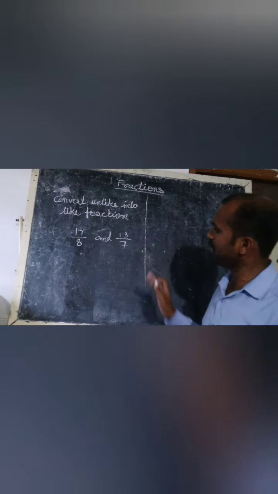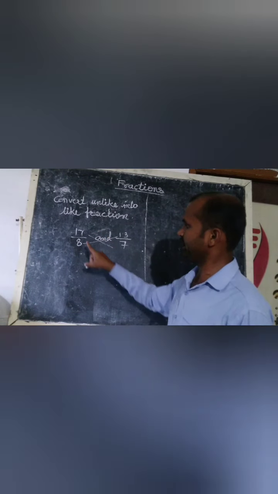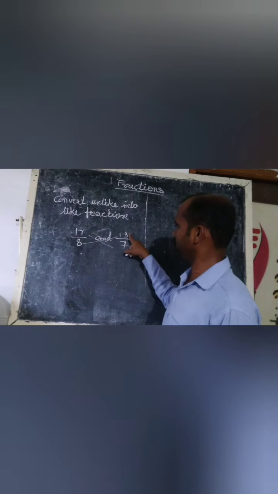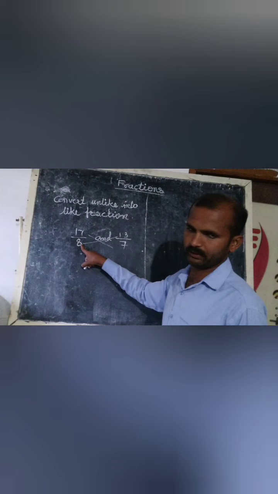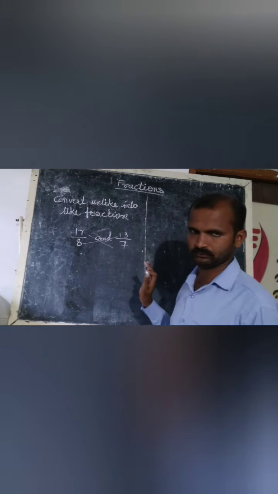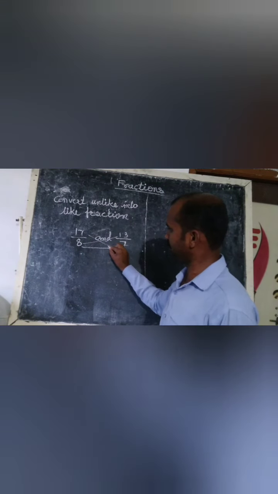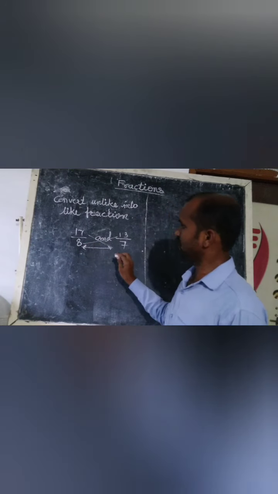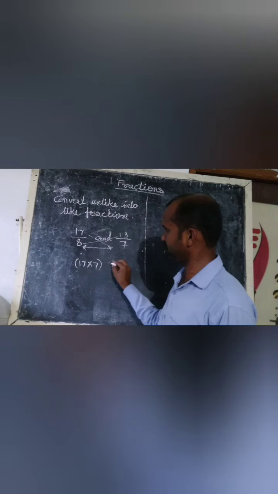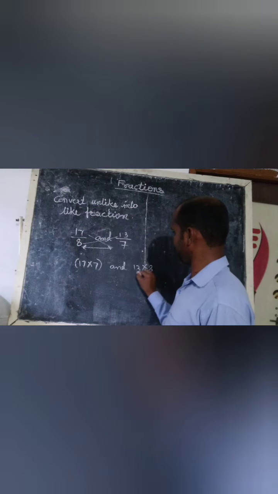Got it? Now we cross multiply in this way: numerator of the first fraction with denominator of the second fraction, and numerator of the second fraction with denominator of the first fraction. So the operation becomes 17 into 7 and 13 into 8.